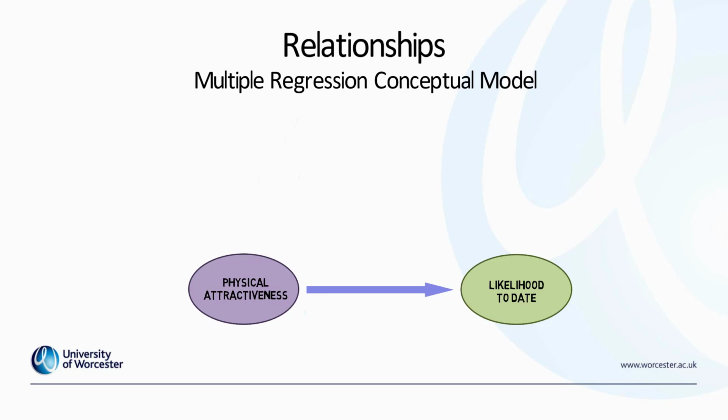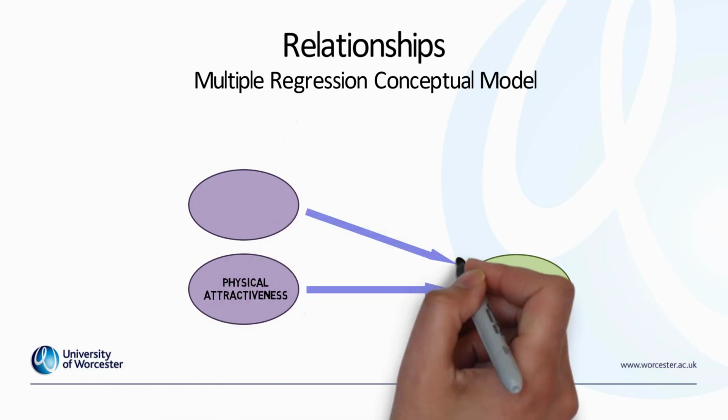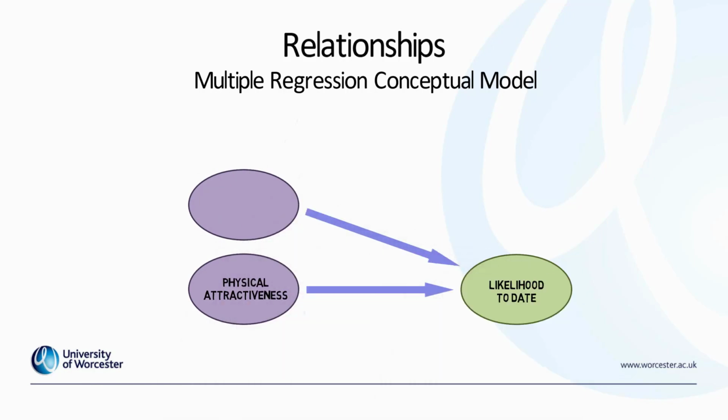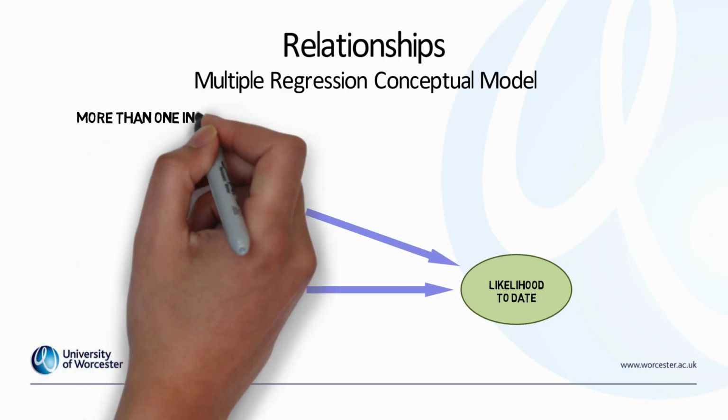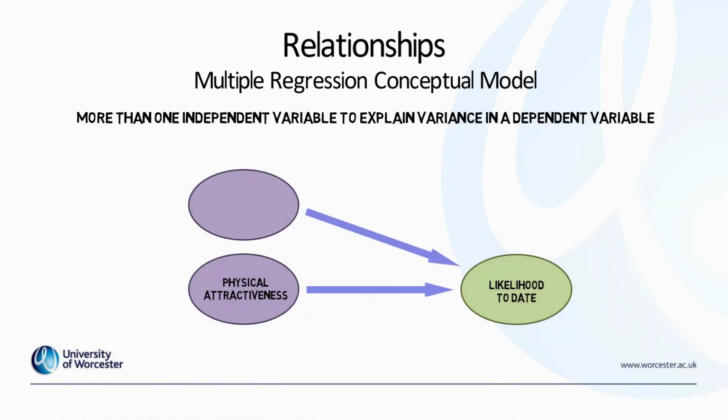And then we can add an additional independent variable within a multiple regression conceptual model. So here we have more than one independent variable seeking to explain the variance in the dependent variable of the likelihood to date.